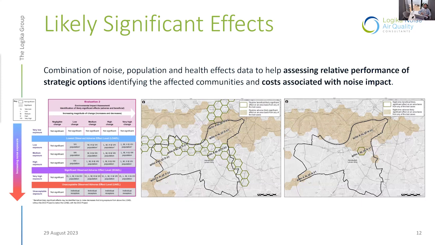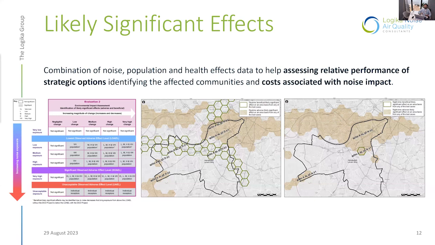It's important to combine, therefore, noise, populations, and health effects in order to assess the performance of a strategic option, and identify eventually what communities are affected and the cost associated with noise impacts. So when developing a noise strategy and when we carry out a noise assessment, it's important to understand that a small change in noise at a higher level can have a higher impact even on a small sample of the population.